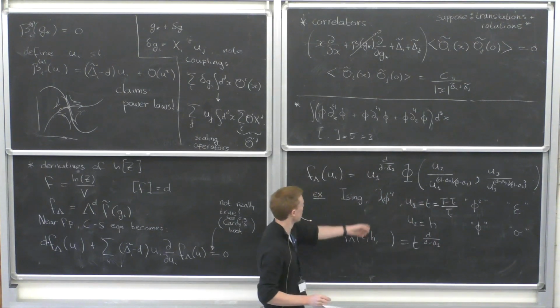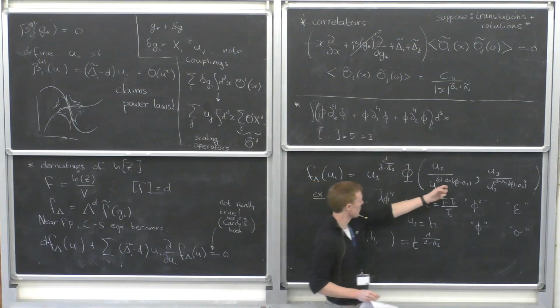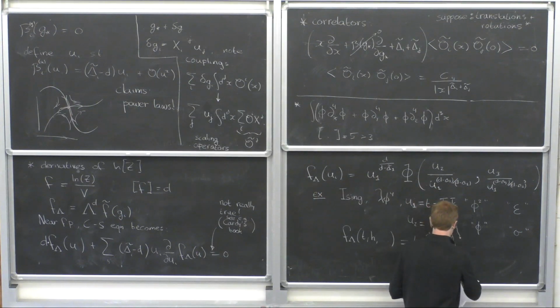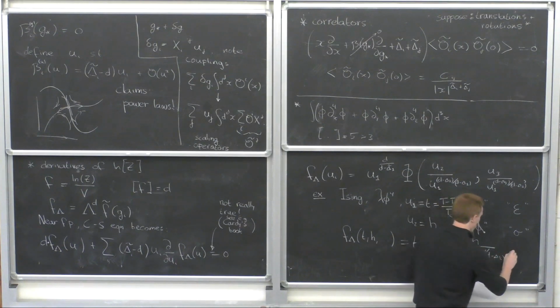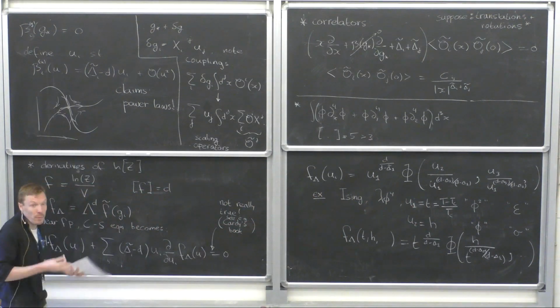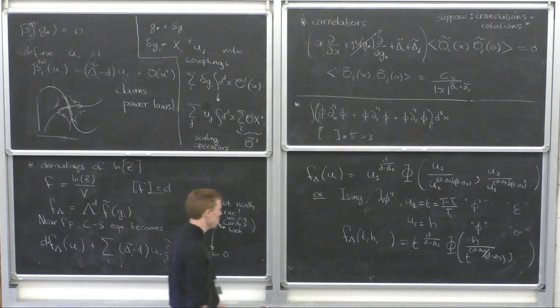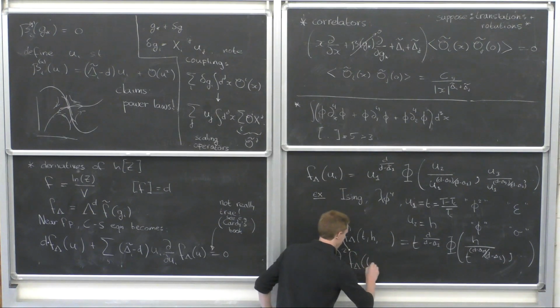I'm just substituting: delta 1 is delta epsilon, delta 2 is delta sigma, and u1 is t. So it's just rewriting phi, with u2 being h over t to the d minus delta sigma over d minus delta epsilon, and then all your irrelevant operators. And from this, you get all your critical exponents with almost no extra work. Let me just write one, the specific heat, the second derivative.